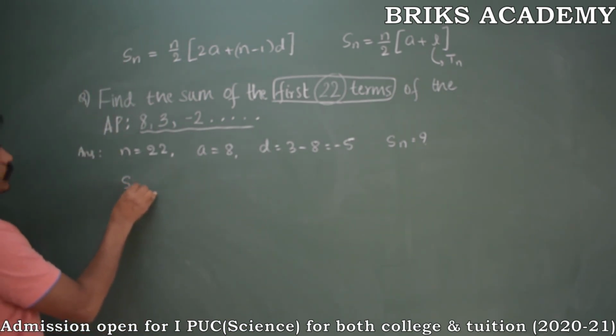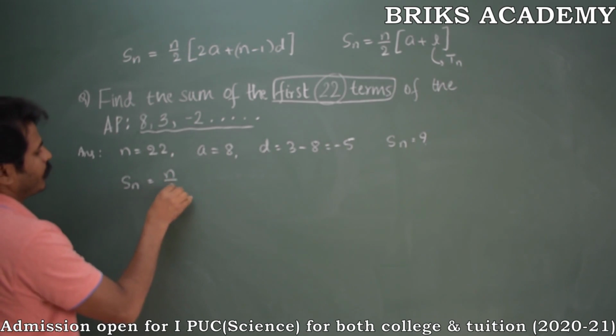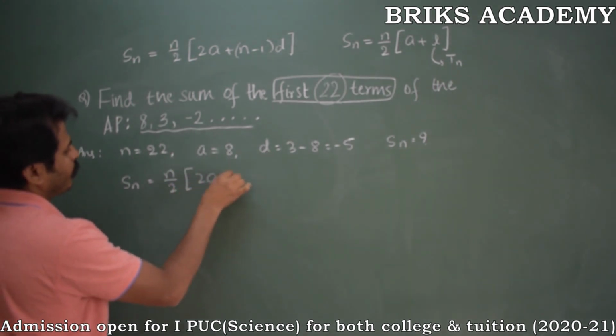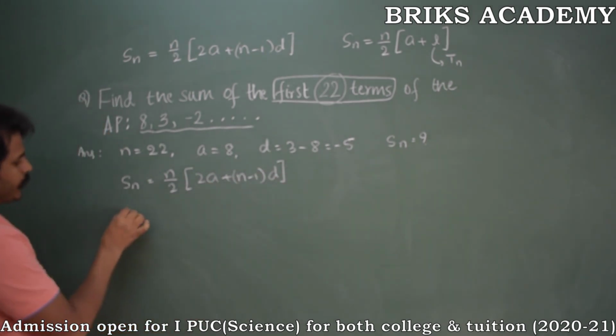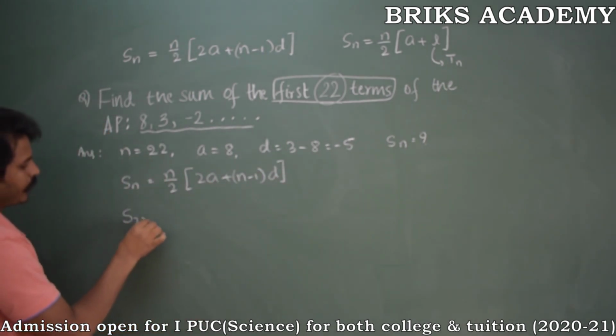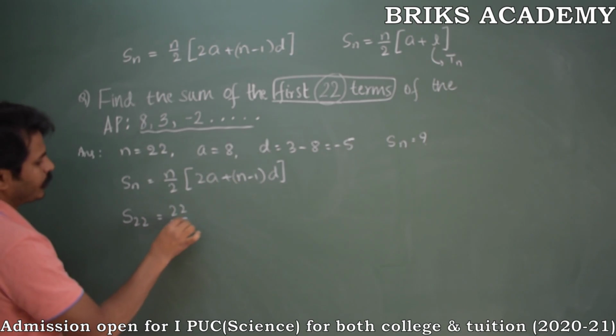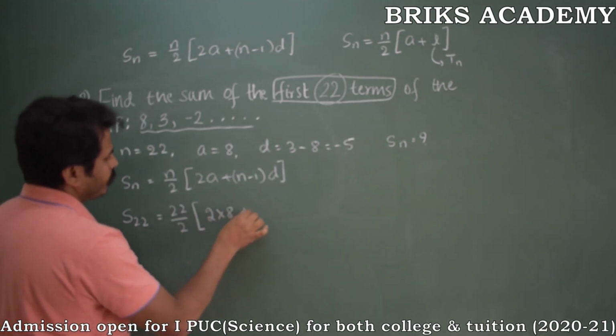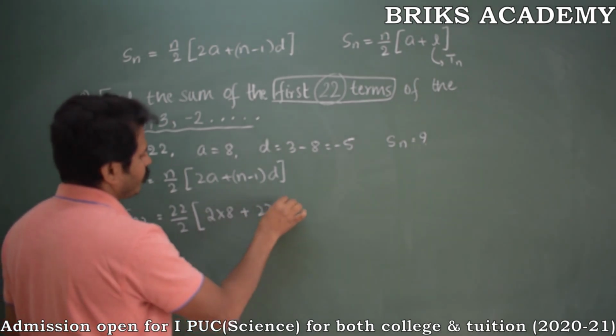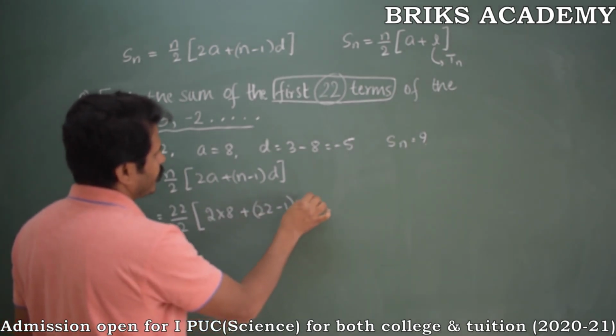What is Sn? Sn is equal to n by 2 into 2a plus n minus 1 into d. That is, n is 22, equal to 22 by 2 into 2 into what is a? 8, plus n is 22 minus 1 into what is d?